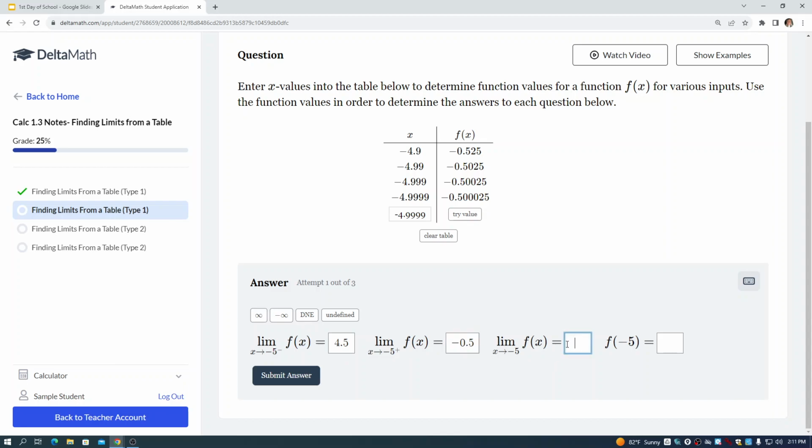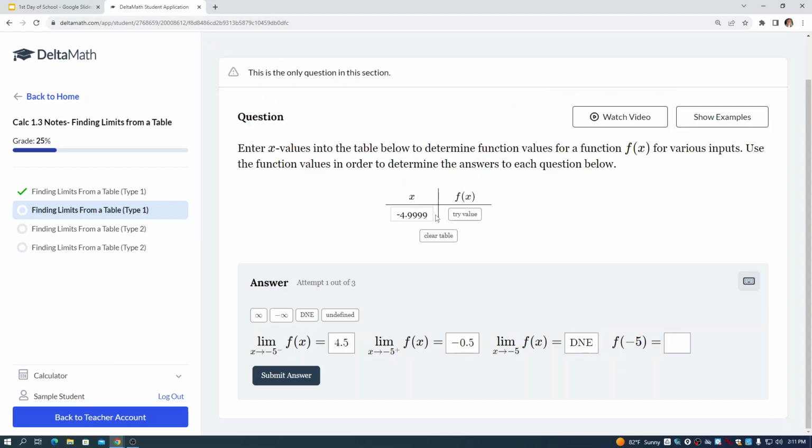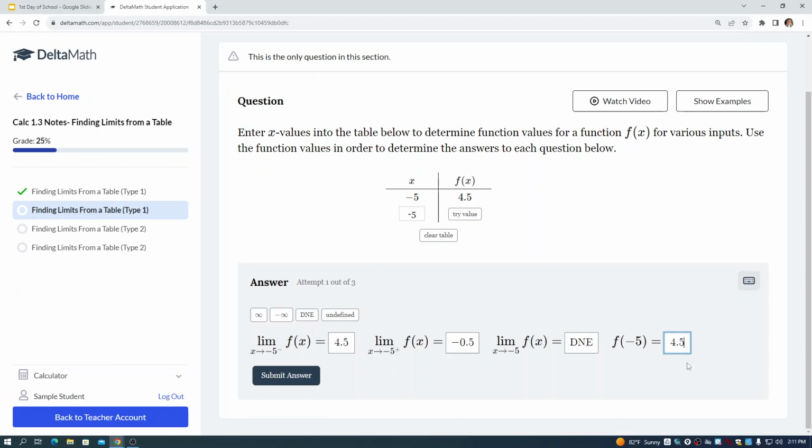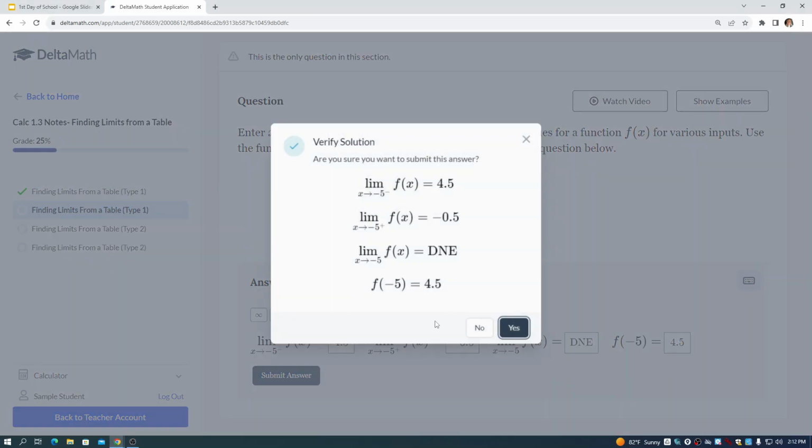They're coming to different y values. So the general limit does not exist. And then we'll type in -5 and see what that gets us, 4.5. So what's happening in this one is from the left, it's coming to a different value from the right. So there's a jump there, but then there is a closed point on this left-hand side.